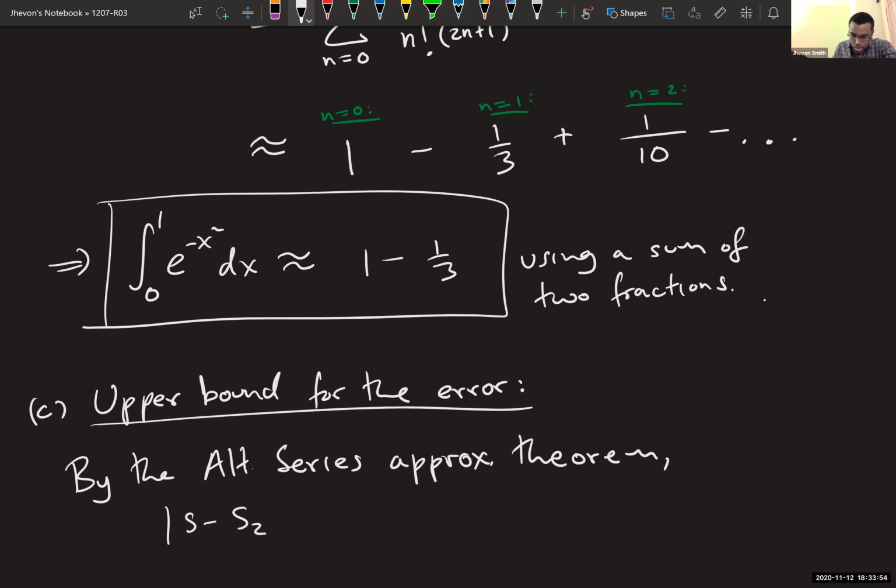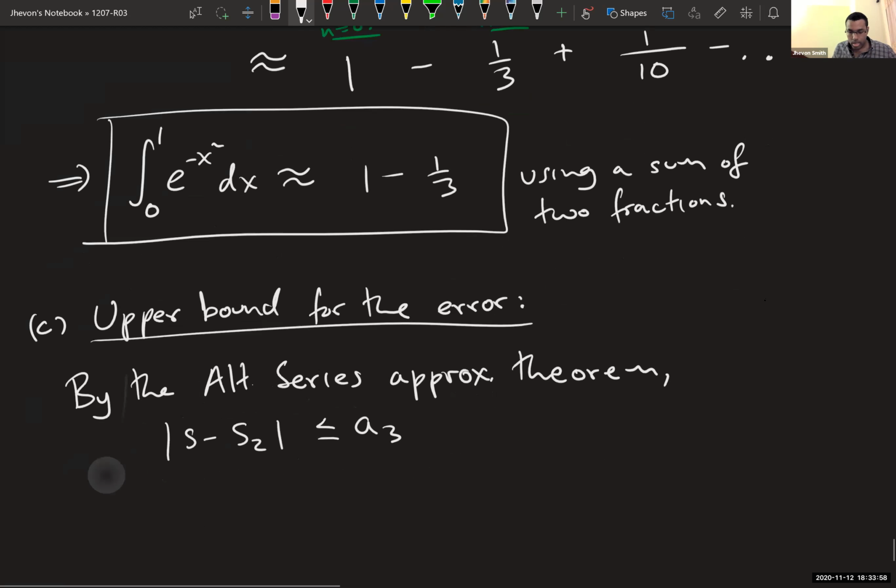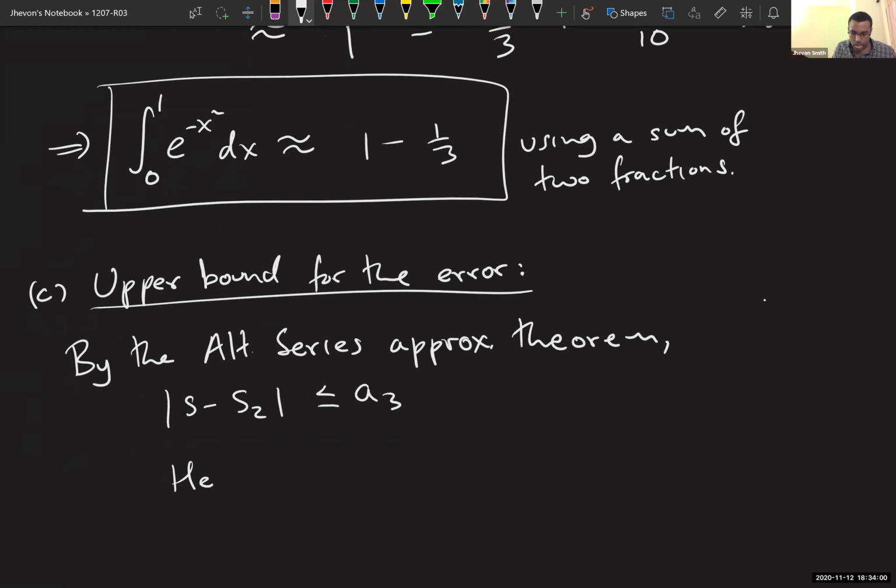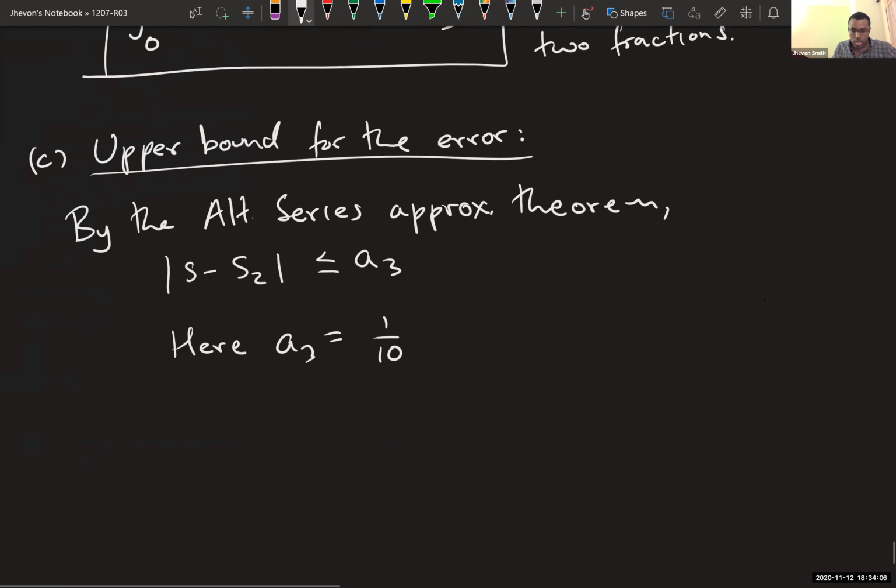S minus S2 is supposed to be less than or equal to A3. And here, A3 is equal to 1/10. And so 1/10 or 0.1 is an upper bound on the error.